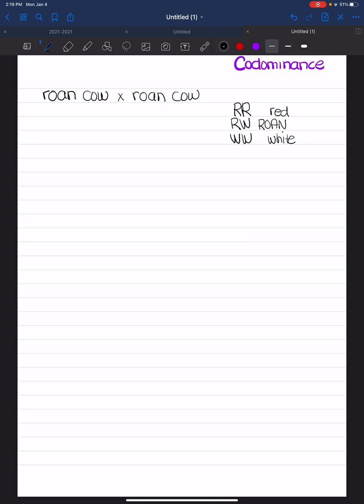Okay, and so we have a roan. Remember the first step, female cow. The first step is to write the genotypes. And so remember, female always goes first. The second step is to complete the Punnett square. So mom is on the side, and the male cow is on the top.